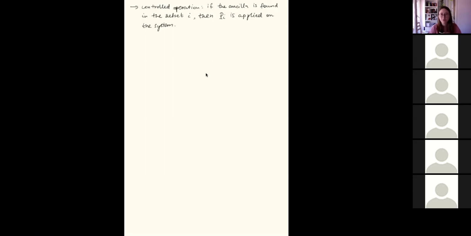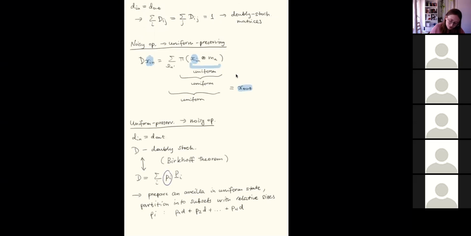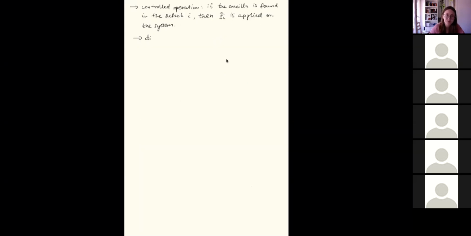So essentially, such a controlled permutation is itself also a permutation on the system and the ancilla. This permutation gives us exactly the action of the map D, and it also suits the definition of the classical noisy operation, with the permutation on the joint system of the input state and the ancilla in the uniform state. And then finally, we discard the ancilla.